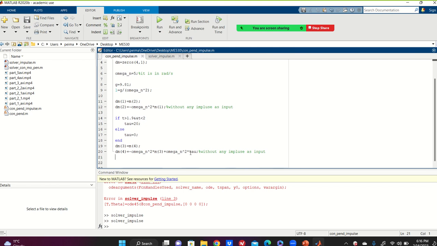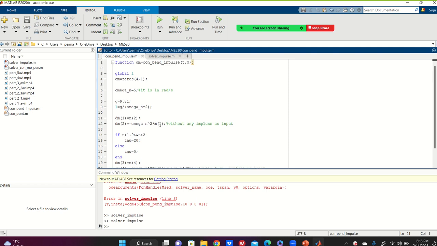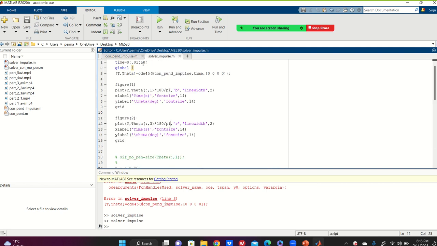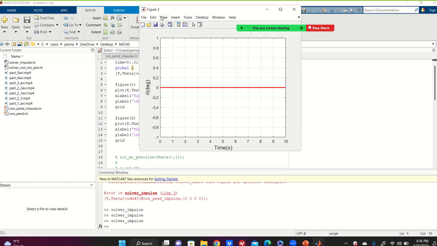M3, that's right, and this is M1. Okay. And this is 10 seconds, 0, 0. Why does it show 0? Guys, please mute your microphone, please, speaker.